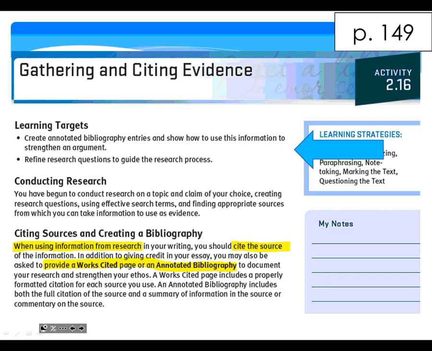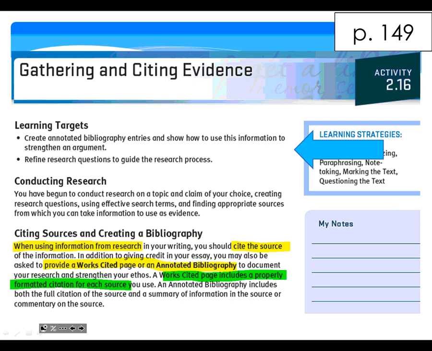I know you folks did the works cited in 7th grade, 100%. Something else popped up for you to highlight, make sure that you do. A works cited page is a list of articles, of texts, of internet sources that you used for your research.